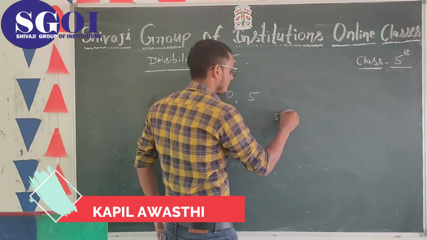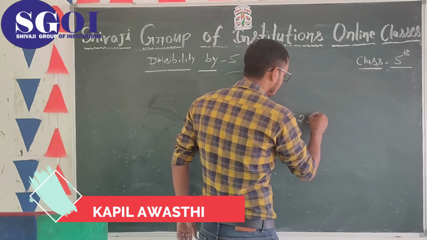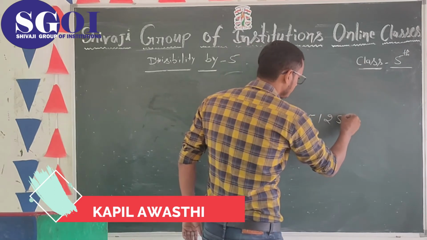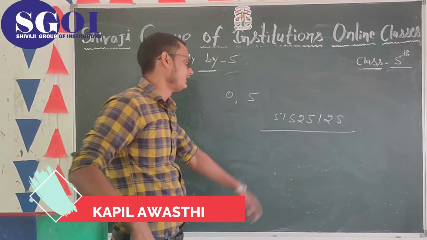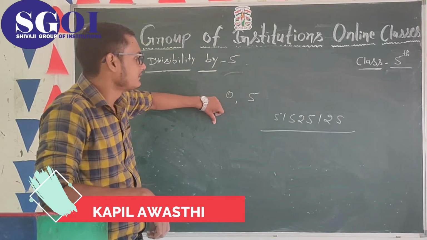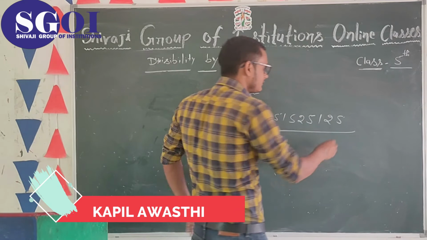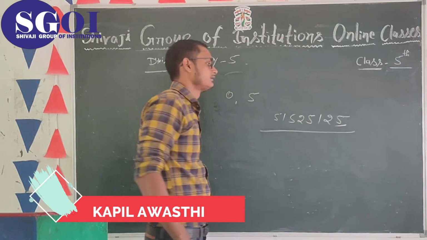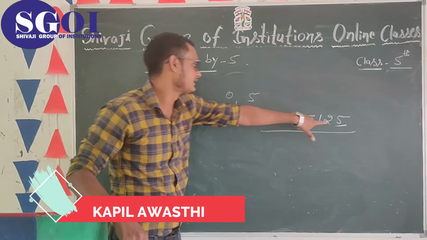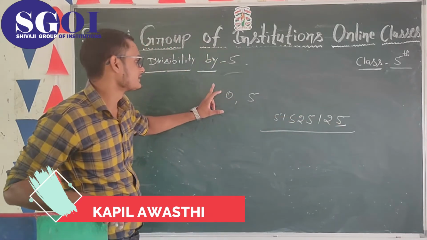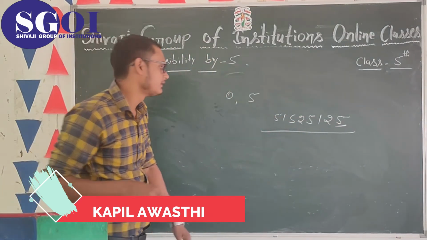Look, 5,152 and 51,255. Is this number divisible by 5? In the ones place, the digit is 5. So this number is divisible by 5.